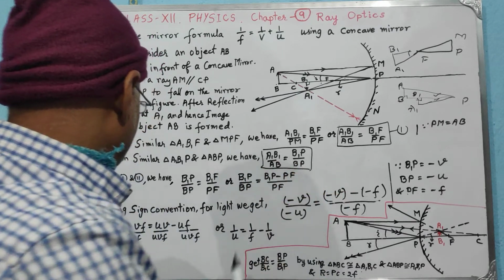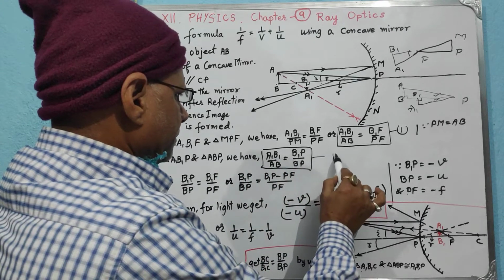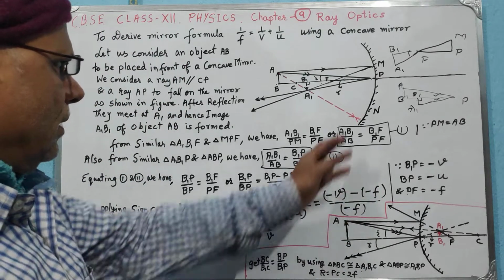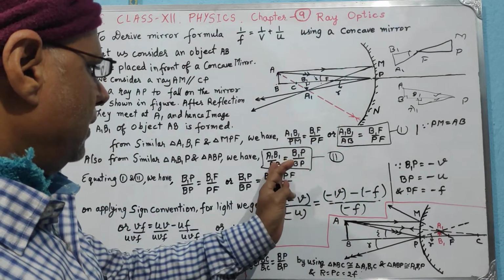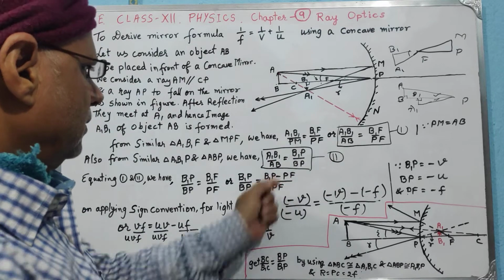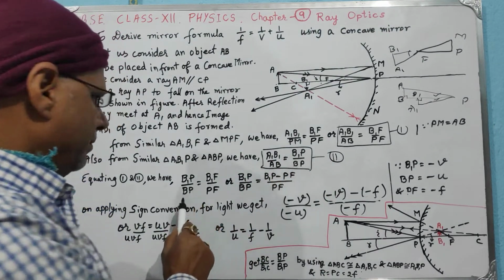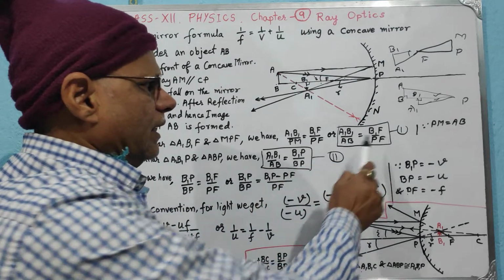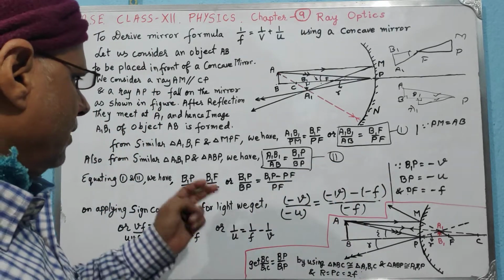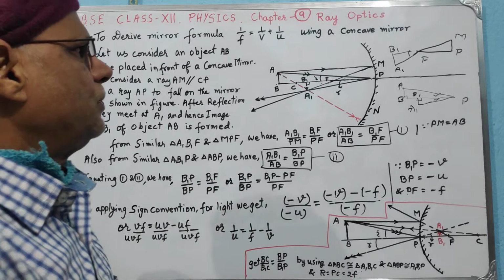So now equating 1 and 2, A1B1 by AB is common in both, so we have B1P by BP equal to B1F by PF. Now B1F, what is B1F?